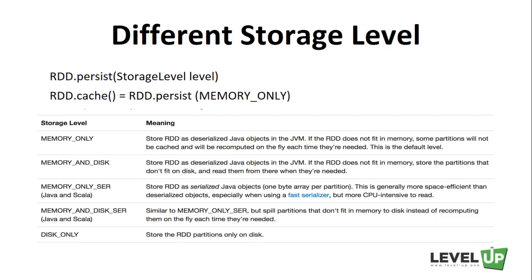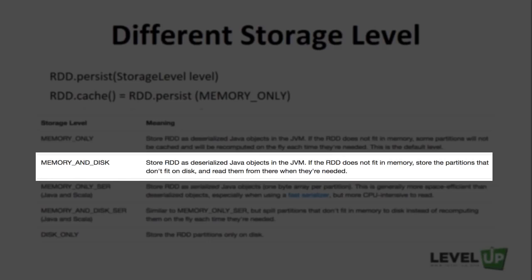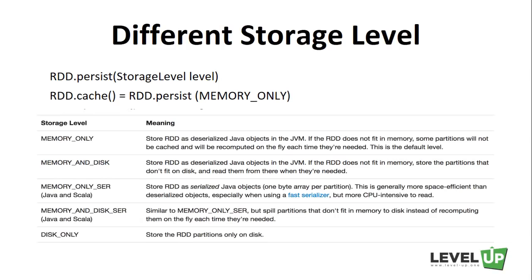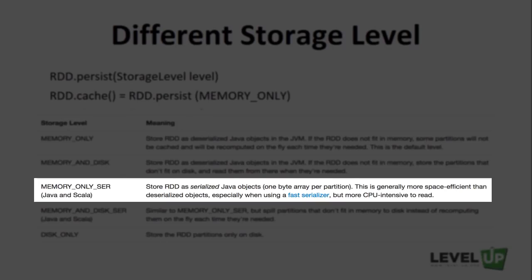There are some other types of storage level. Memory and disk: this will store the RDD as deserialized Java objects in memory. If the RDD can't fit into memory, the partitions which can't fit will be stored on disk, and they will be read from disk when they are needed. Memory only SER is similar to memory only, but it'll store the RDD as serialized Java objects in memory.